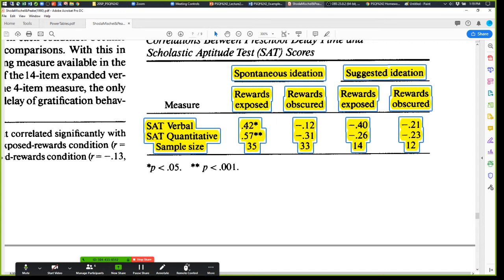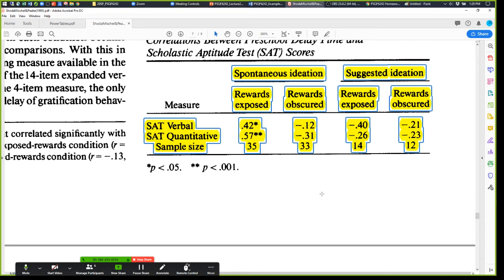So in this 0.42, what is my type 1 error rate? The answer is right there in front of you. 0.05.